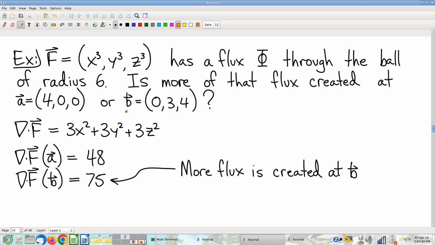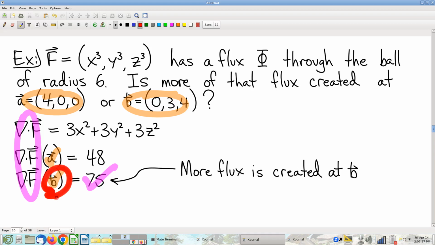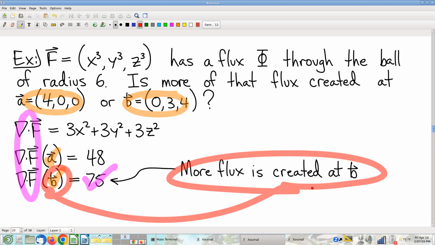Well, we just have to look at our flux density, aka divergence. We plug in these 2 points and we see where the divergence is greater. The divergence is greater at the point B, and so therefore the point B is where more of the flux is coming from.